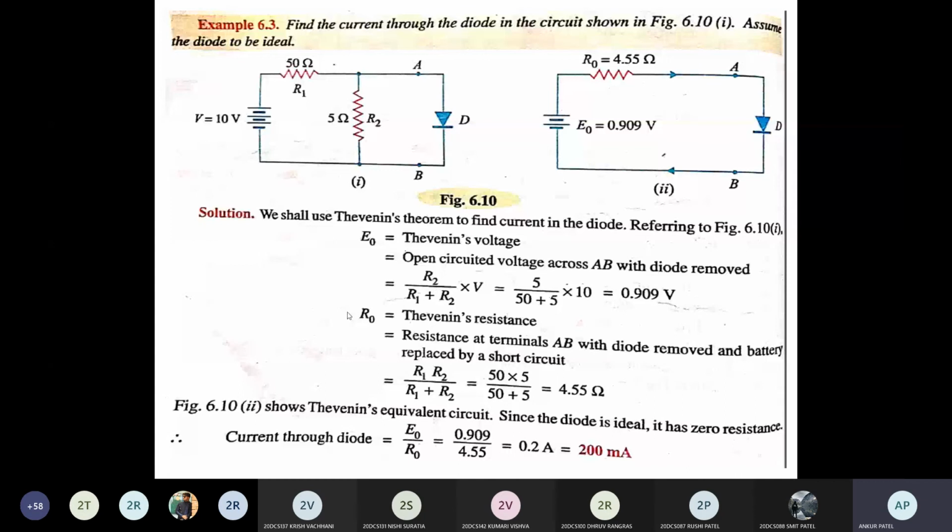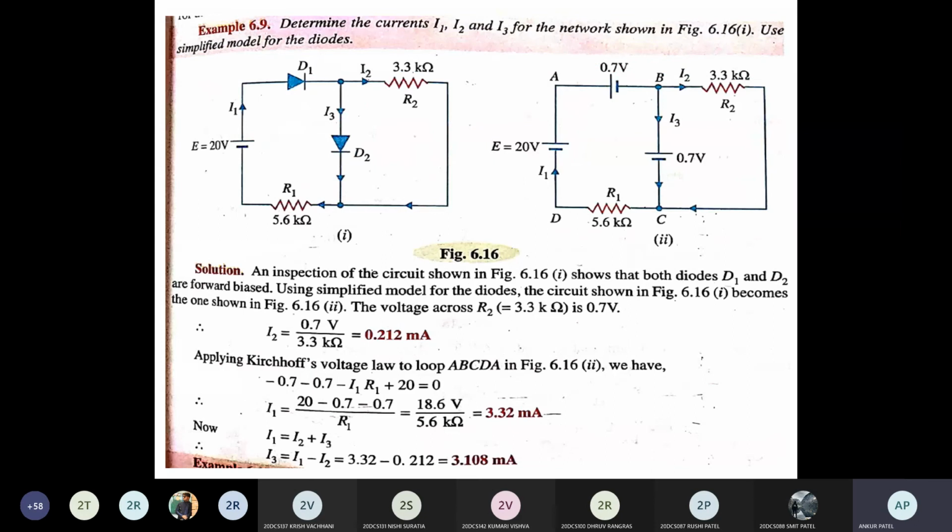And R0 is equal to R1 into R2 upon R1 plus R2 by considering the short circuit, which gives 4.55 ohm. Up to this, any doubt?